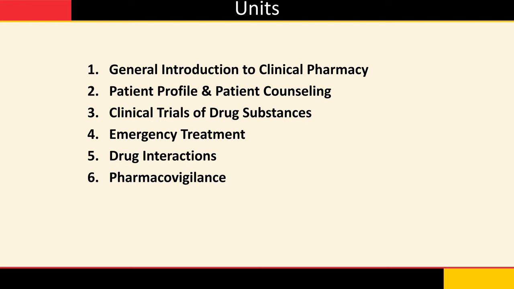Furthermore, not all hazards can be known before a drug is marketed. Therefore, it becomes necessary to continuously monitor the drugs for their unwanted effects, after they are being used in the market. You can find that topic of drug interactions and pharmacovigilance are interrelated.